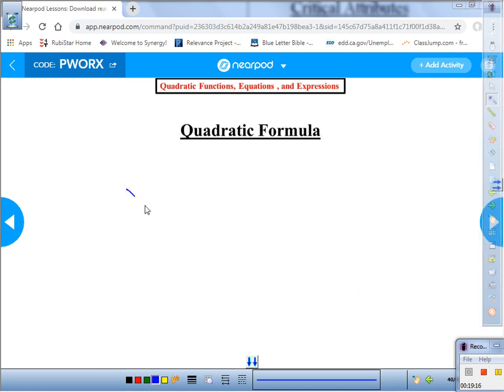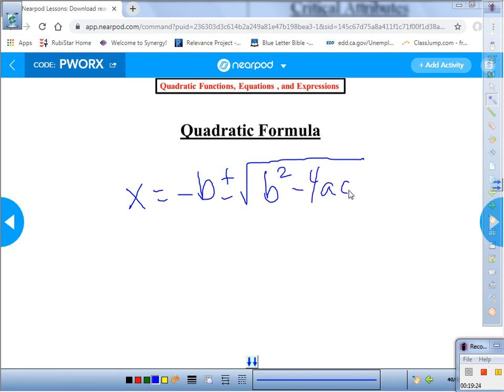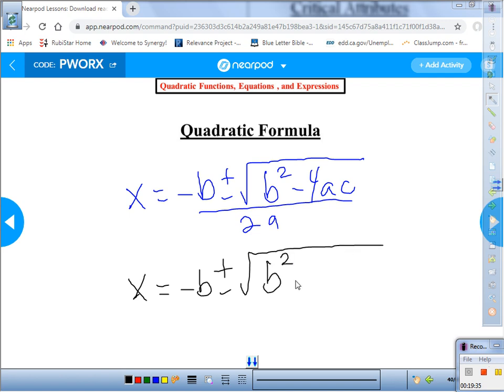The quadratic formula is x equals minus b plus or minus the square root of b squared minus 4ac, all over 2a.